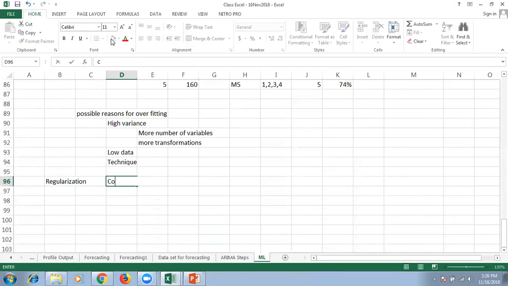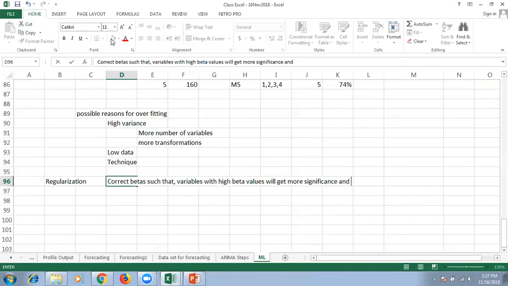That means we'll correct the betas such that variables with high beta values will get more significance, and variables with less beta values will get less significance.